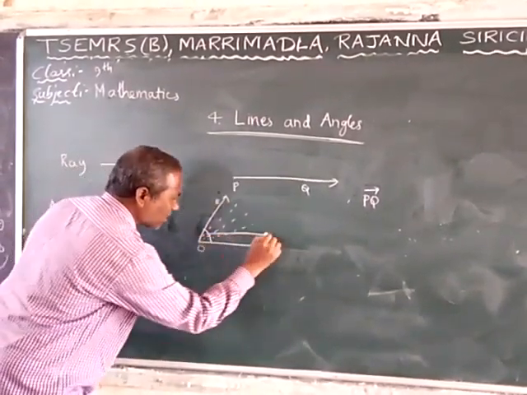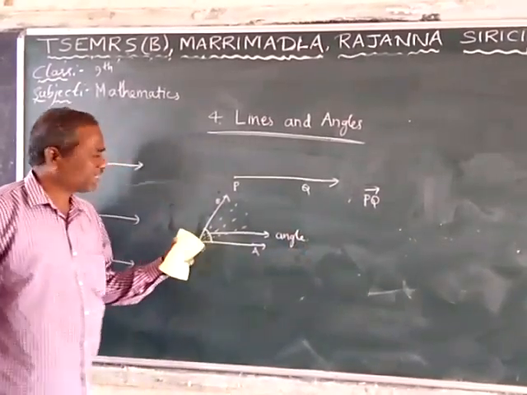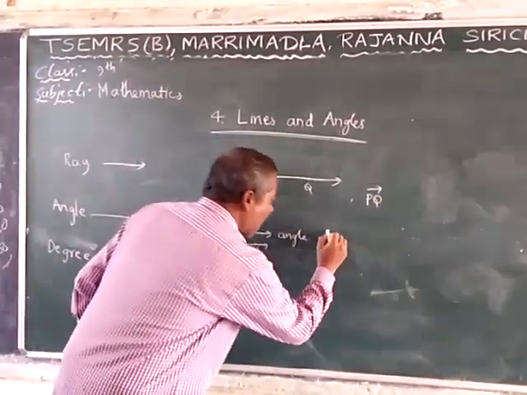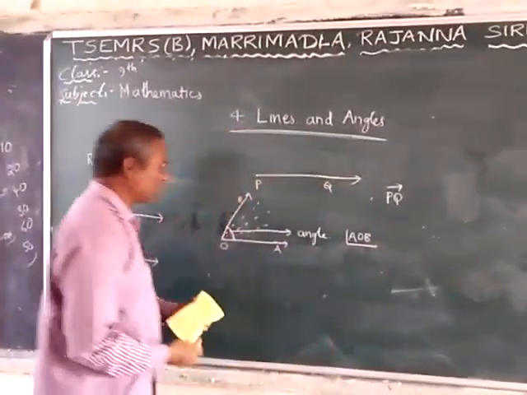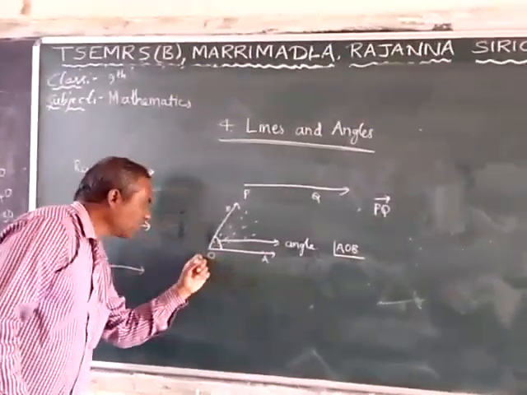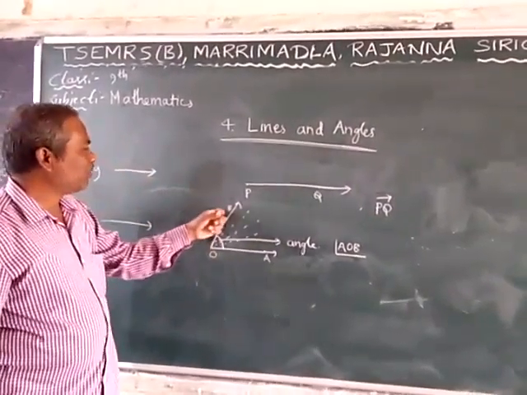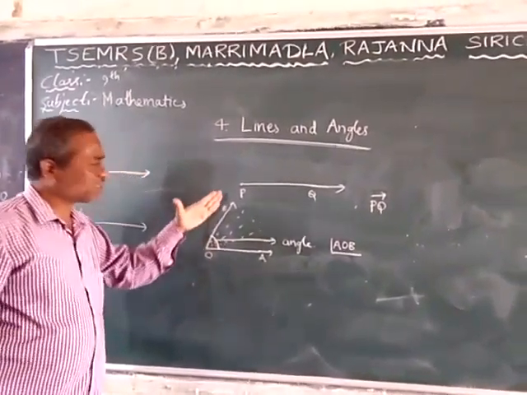What do we call this? Angle. And this is denoted by angle AOB. We are coming along the way A, O is the corner and B is the ending point. That means we are going towards OB.